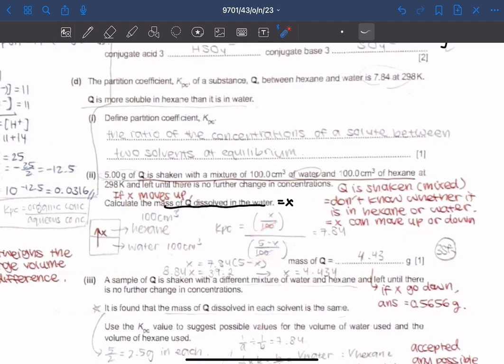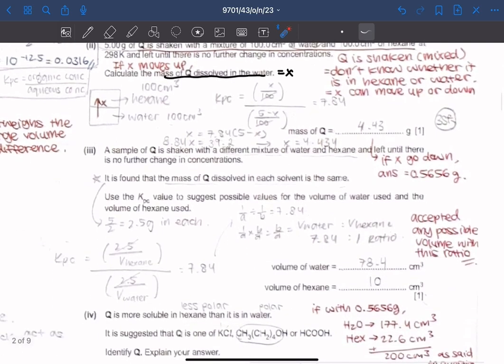We move 5 minus X here, and you open this and you would get X is equal to 4.434, or in three significant figures, 4.43 grams. This is in the case if X moves up. If X goes down, if the mass goes down, such as in the answer key, the answer for this question should be 0.5656 gram or 0.566 grams.